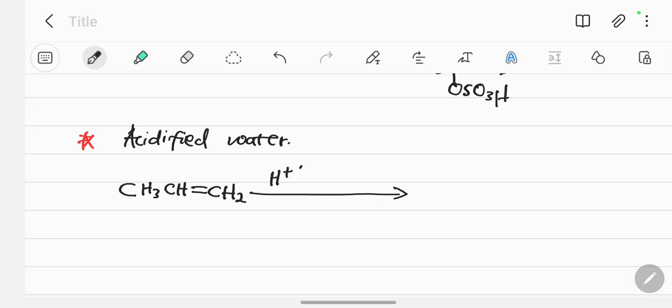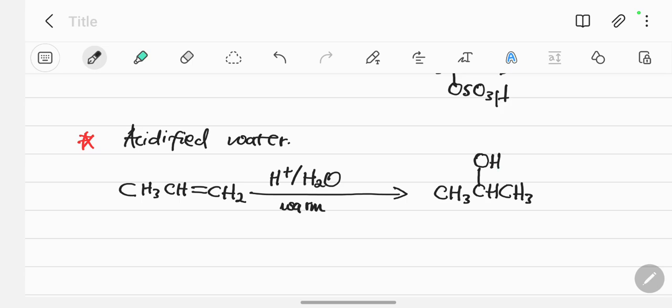Add there hydrogen ions and water and warm. When you warm, it gives you CH3, CH3, and this carbon atom gets the OH there.